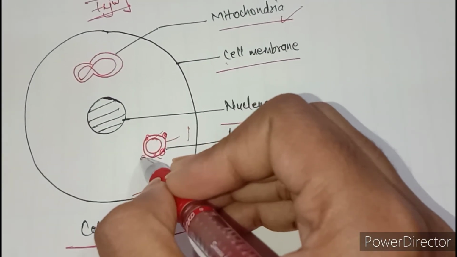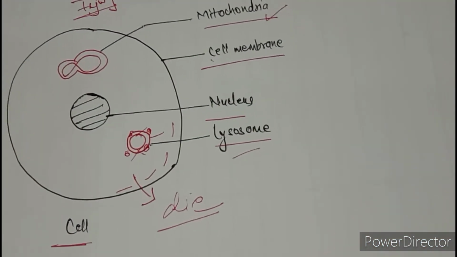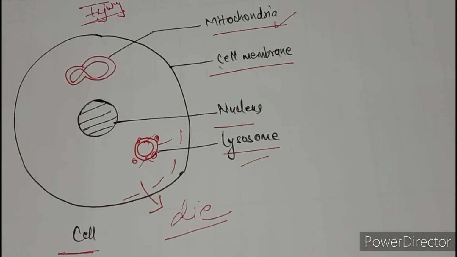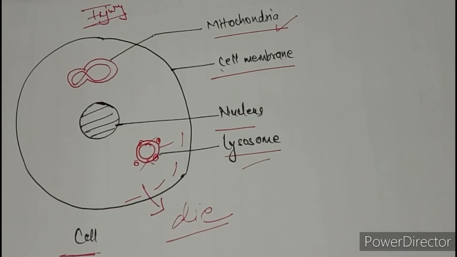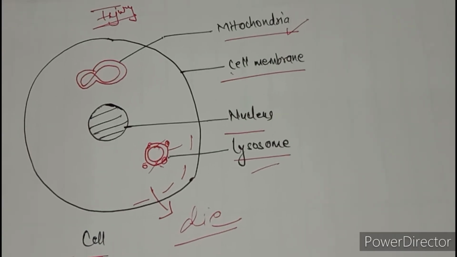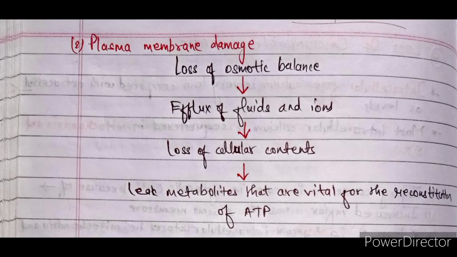Through these holes all the contents of the lysosome will come out into the cytoplasm and ultimately degrade the cell. As we have already covered mitochondrial membrane damage, now we will directly jump into the plasma membrane as well as lysosomal membrane damage.